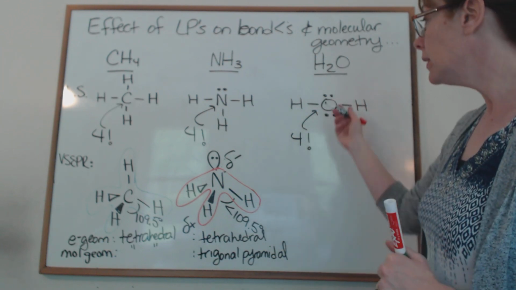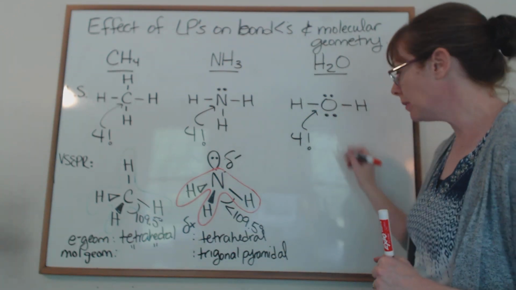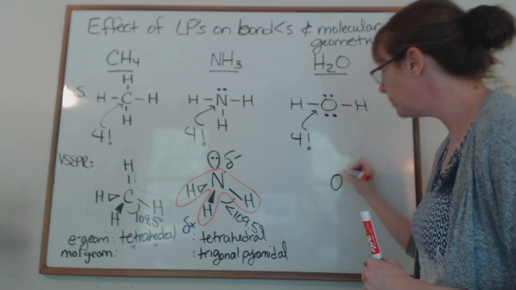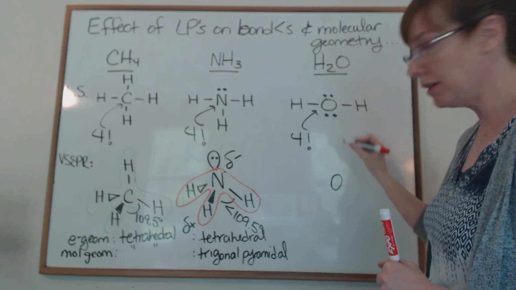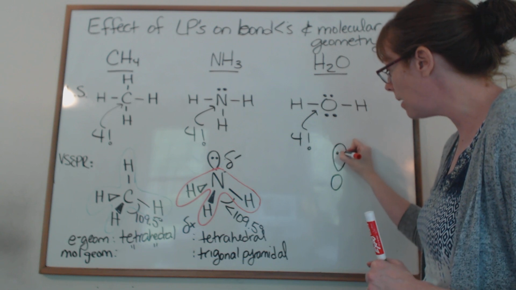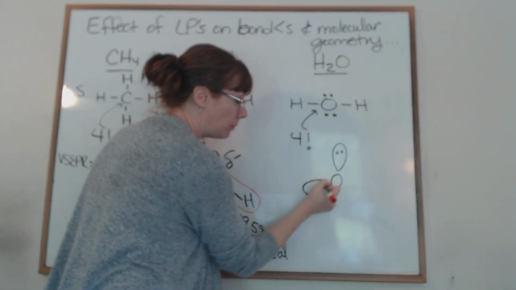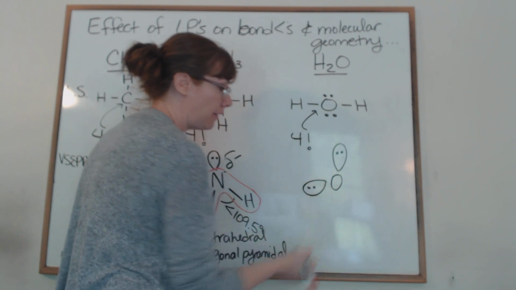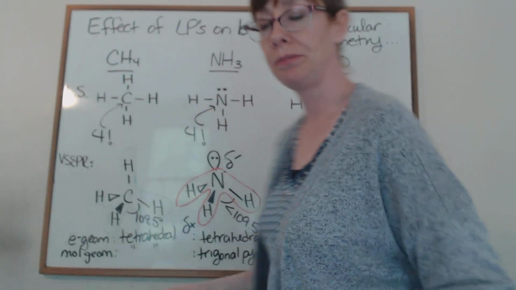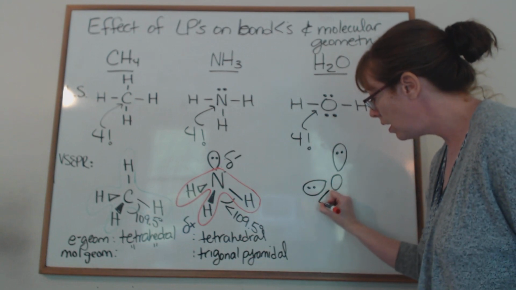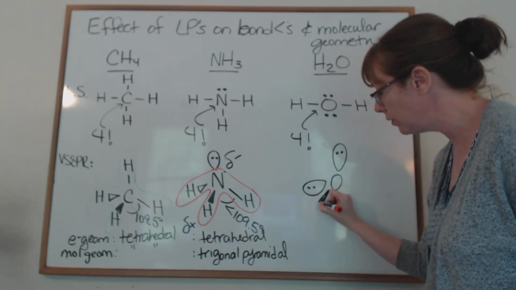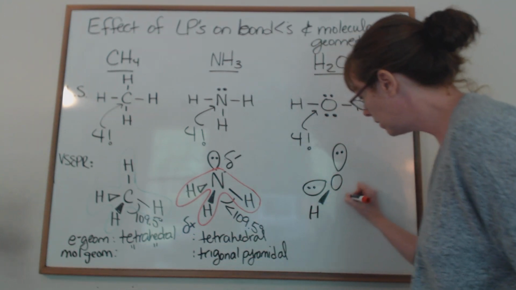Water, H2O. Let's draw the VSEPR model. So I'm going to have oxygen here in the middle. This time I've got two lone pairs. So I still make one of them the top, and when I've got two lone pairs, I usually make the other lone pair go to the side, just for the sake of a nice picture. And then the other two positions are the ones that lead to the bonds to hydrogen.